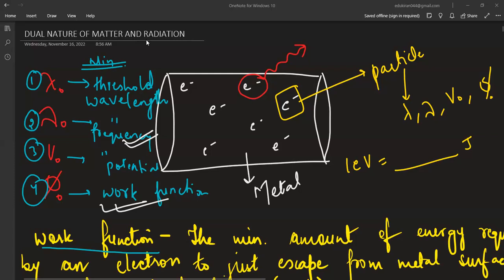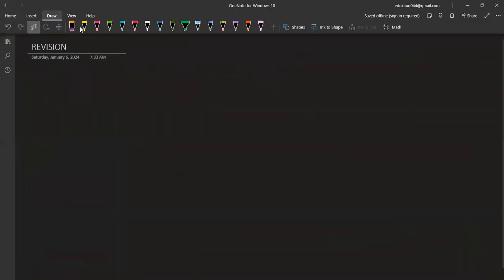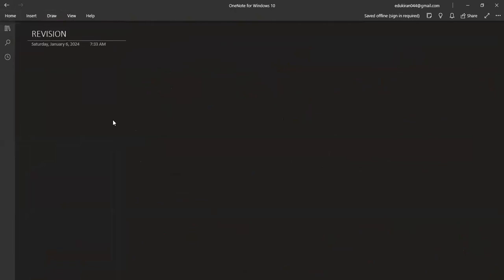Dual nature of matter and radiation. Here we have the concept of free electrons in metals. Some things are there which you should remember, which I'll be discussing with you. Firstly, before we start with anything, you should be aware of the conversion of 1 electron volt into joules. How do you convert 1 electron volt into joules?